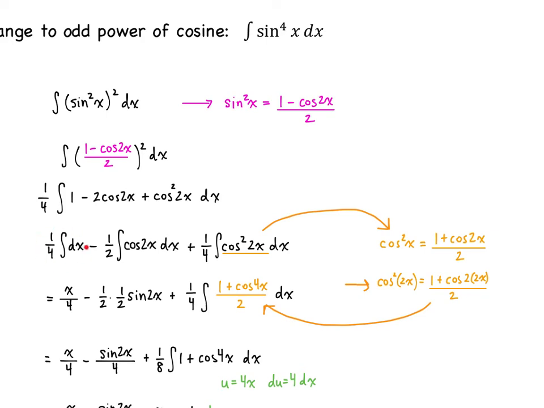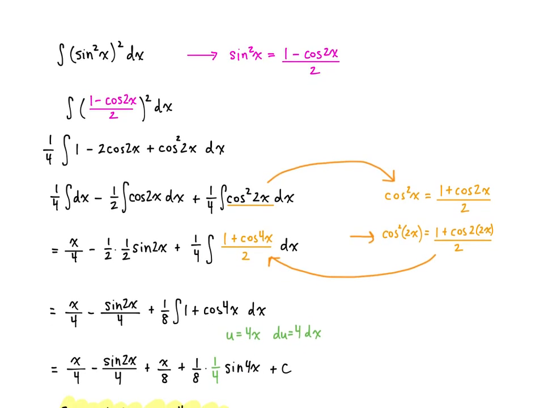Like I said, we can integrate this guy, no problem. We get x over 4. Integrating this middle piece with that U substitution and then substituting back in, we get minus 1/2 times 1/2 sine of 2x. Now we're going to integrate this piece. Well, we can pull the 1/2 out, so if we pull that 1/2 out, we're at 1 over 8.